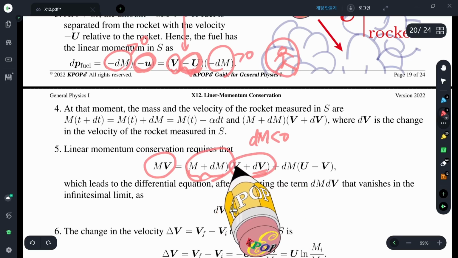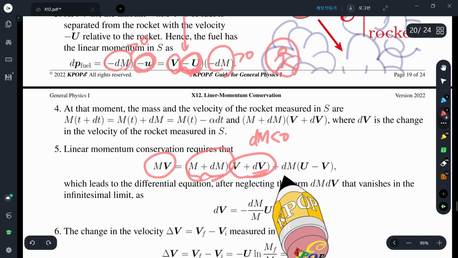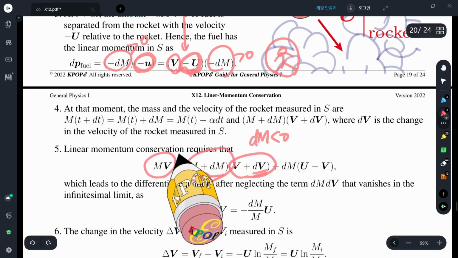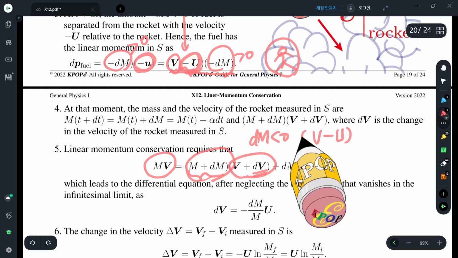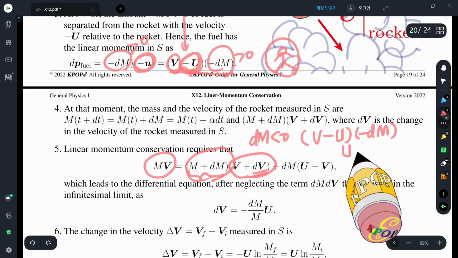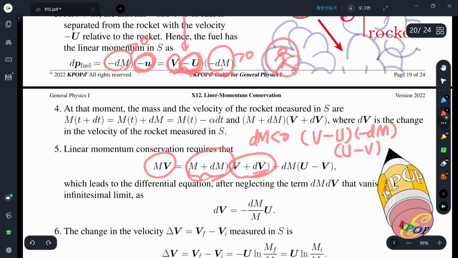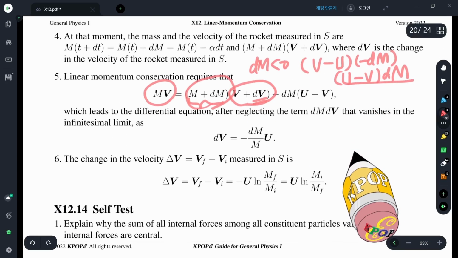Okay, that's fine. And the lost momentum is shared by the gas. And here, the gas momentum is v minus u times minus dm, that is u minus v times dm. Okay, that's fine.